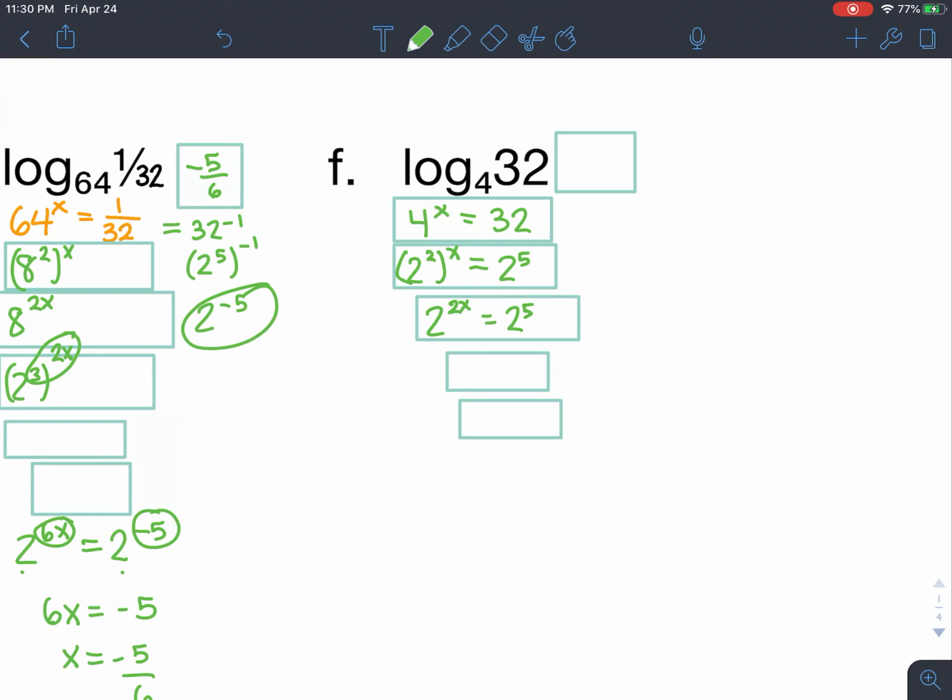And once you have the bases the same, they're both 2, then the exponents have to equal each other. So 2x equals 5. X equals 5 over 2. So log base 4 of 32 equals 5 over 2.